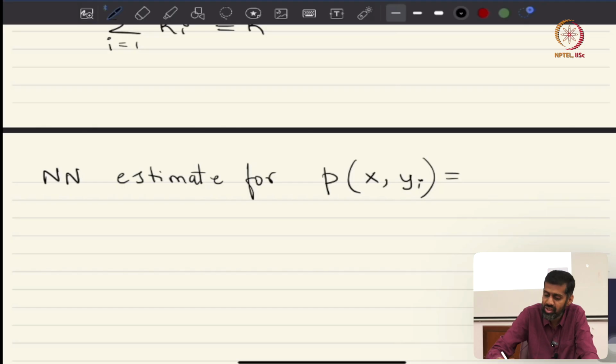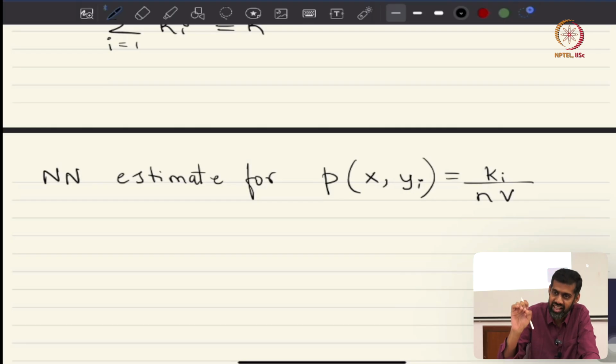We know that it is k by nv, right? Because we are considering the ith class, this will be ki. Does it make sense? This is the nearest neighbor estimate, where we have grown a volume till it encompasses k points. Within those k points, ki are from the ith class.